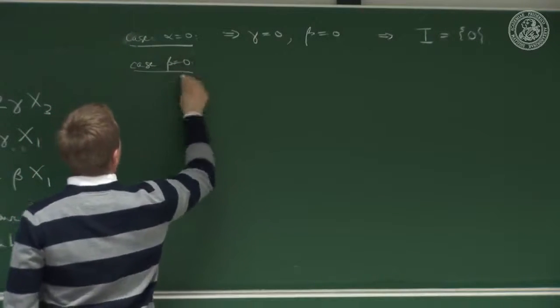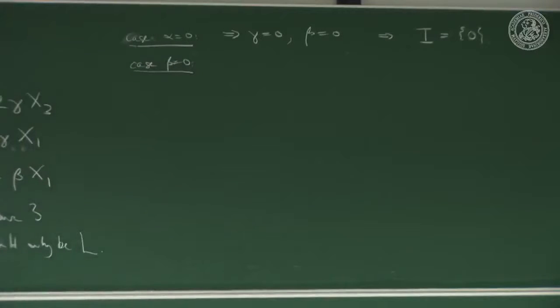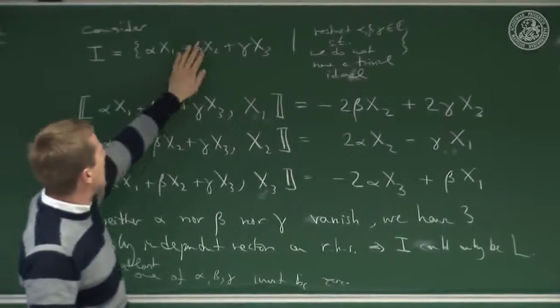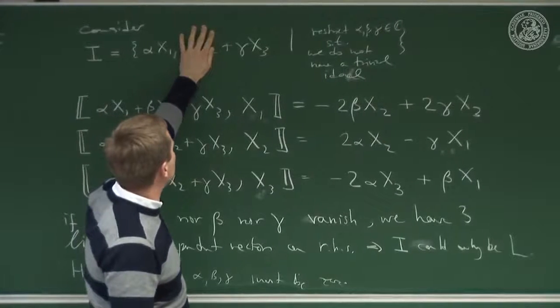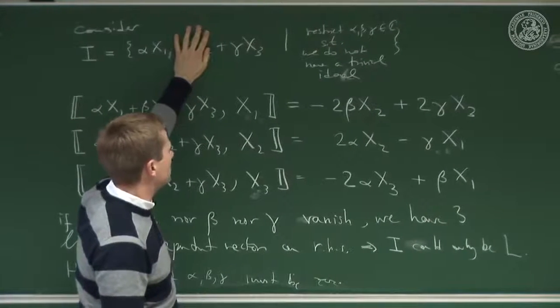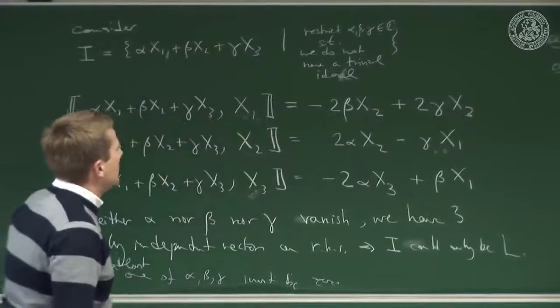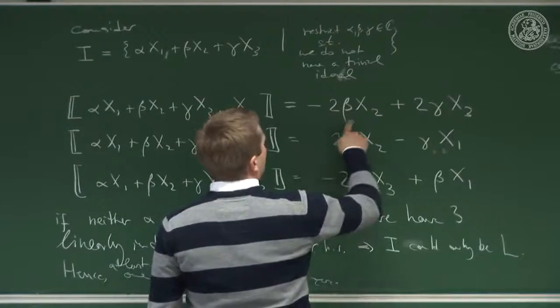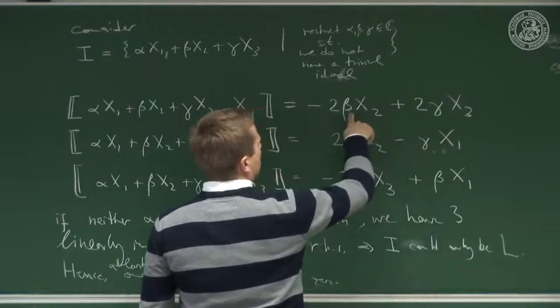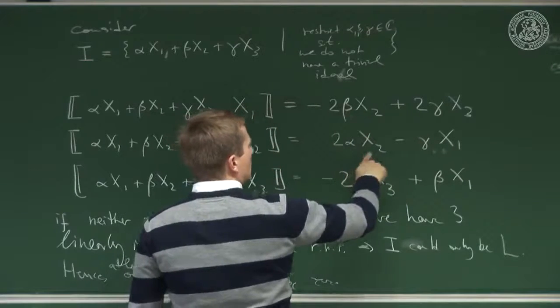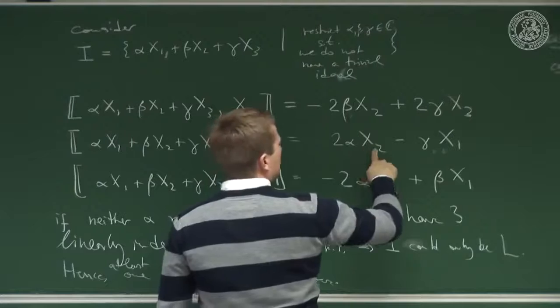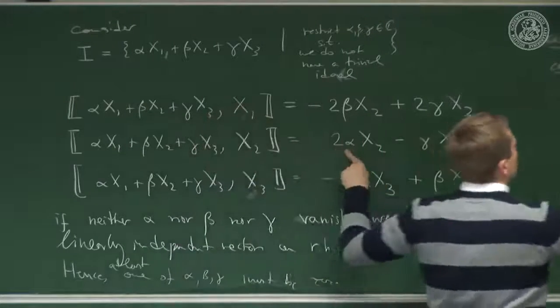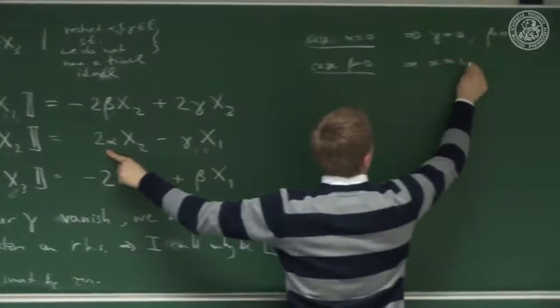Now, let's say beta is 0. Same game. If beta is 0, then the I must be just the x1, x3 plane or a subset thereof. And if we look at that, 1, 3, this one is in the way, so that means we need alpha equals 0.